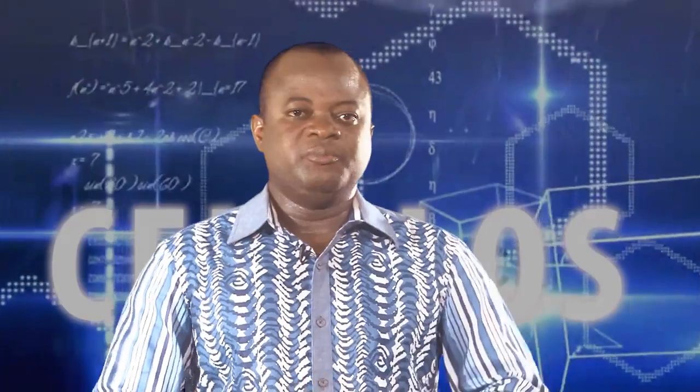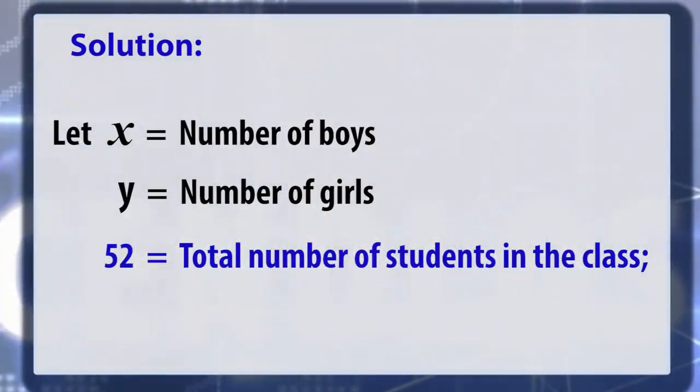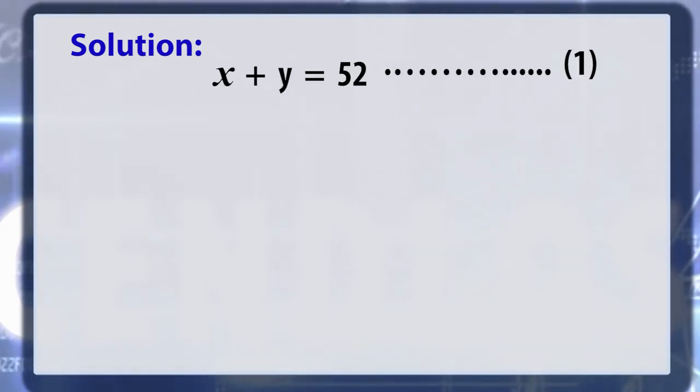So since we are dealing with boys and girls, let us make X and Y represent the boys and the girls, respectively. So X for boys and Y for girls. The total number of students in the class is 52. Therefore, we have X plus Y is equal to 52.